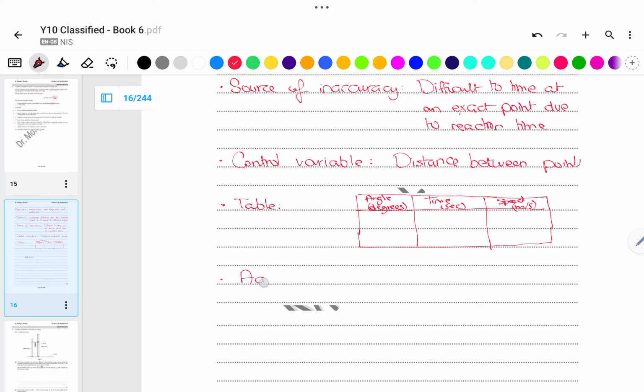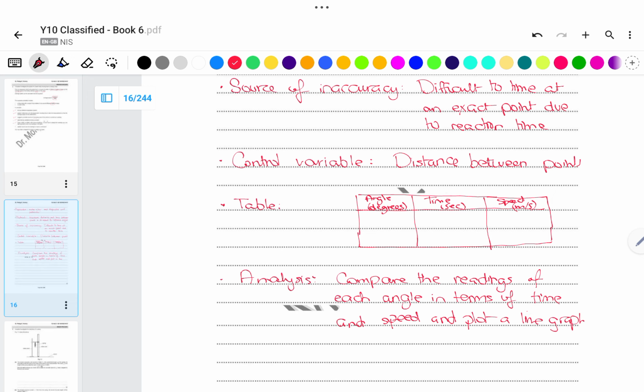So my analysis: here we're going to write that I'm going to compare the readings of each angle in terms of time and speed, and plot a line graph.